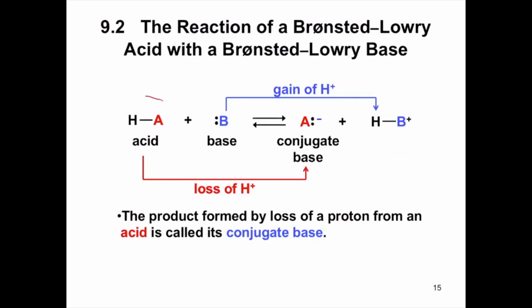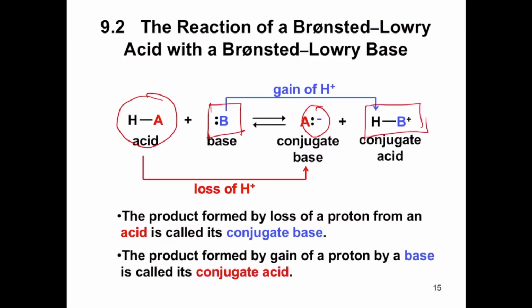So, dito, HA, acid siya. Tapos, since nag-resemble siya ng formula ng base, ang tawag sa kanya ay conjugate base. And then, dito naman sa base, kapag yung reactant ay base, ang formula ng base, pag naging product siya, will resemble the formula of an acid.